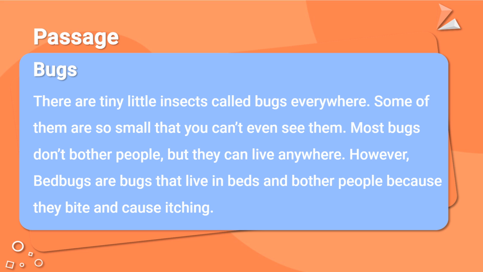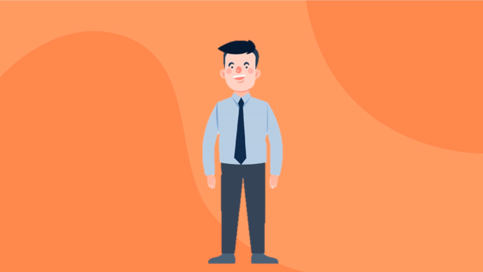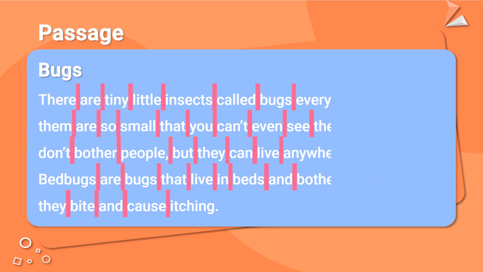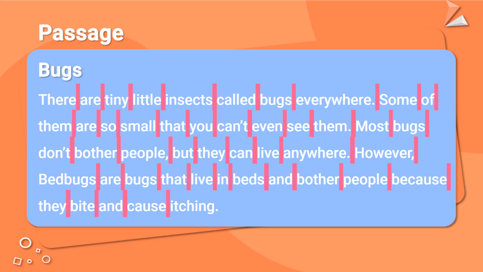Most bugs don't bother people, but they can live anywhere. However, bed bugs are bugs that live in beds and bother people because they bite and cause itching. Now, can you recognize some examples of weak forms, word boundaries, compound words, and phrases from that passage? Let's look at the passage together and identify some examples of each of them.